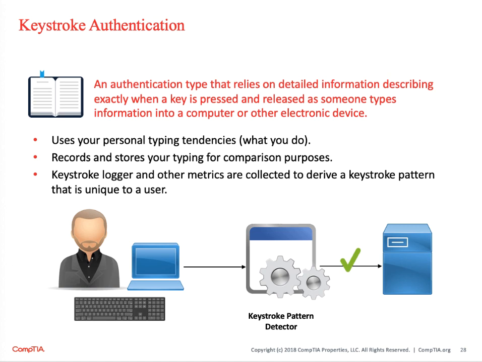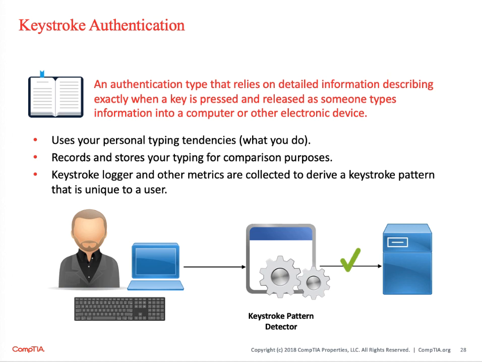Keystroke authentication. This is an authentication type that relies on detailed information describing exactly when a key is pressed and released as someone types information into a computer or other electronic device.